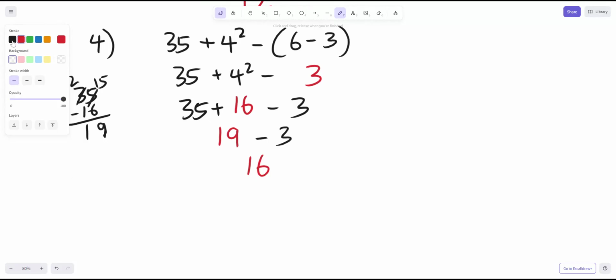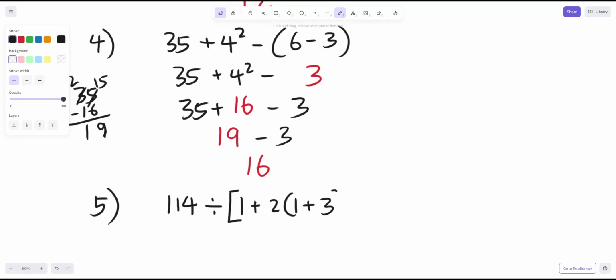All right, one more. Let's do 114 divided by bracket. So a bracket is the same as parentheses, except it differentiates because there are multiple parentheses within each other. 3 to the third power parentheses and bracket.